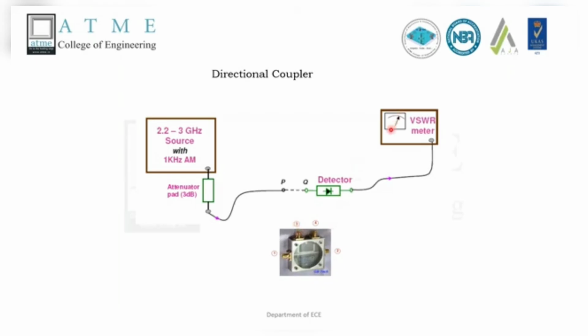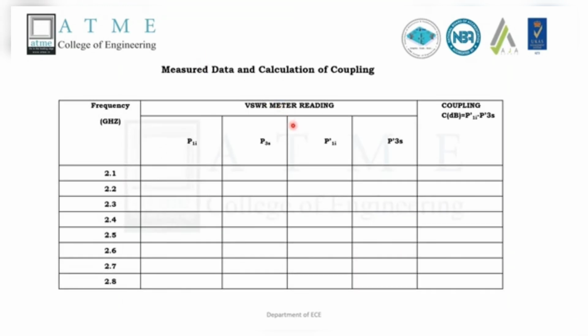So with these readings, again the same way, by increasing the frequency of the source, we have to note down the VSWR meter readings from 2.2 to 3 gigahertz, and using the calibration graph note down the corrected values also, so that we can calculate the isolation from port 1 to port 4. With the help of the calibrated value, taking a minus value, we can find it out. And this is the tabulation we can do over here.